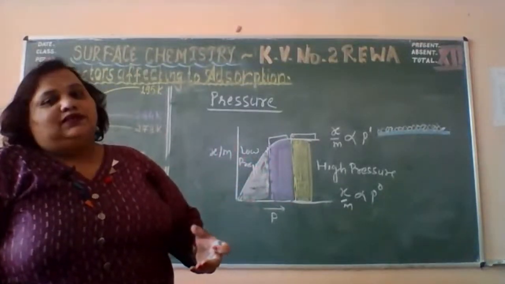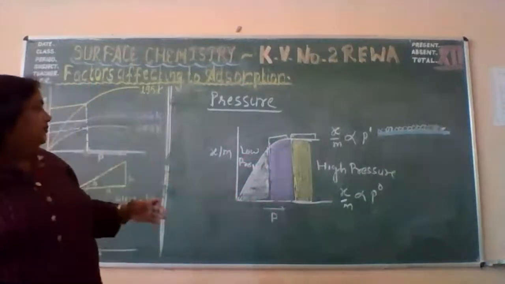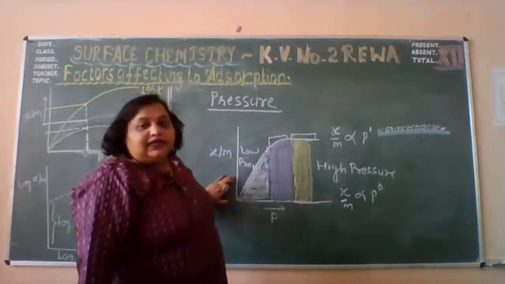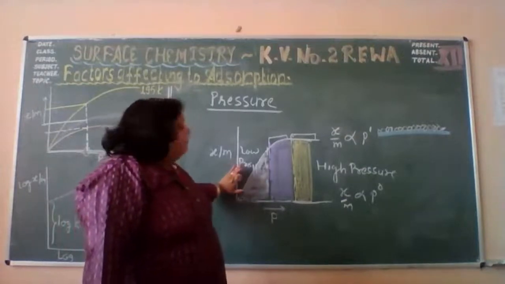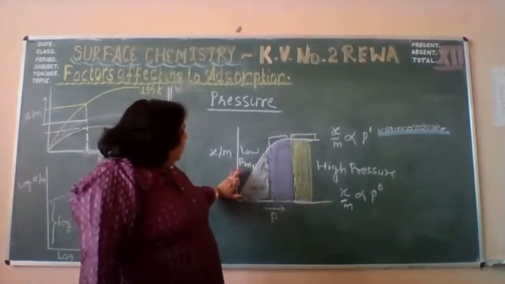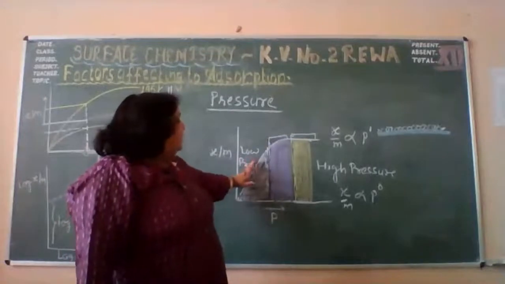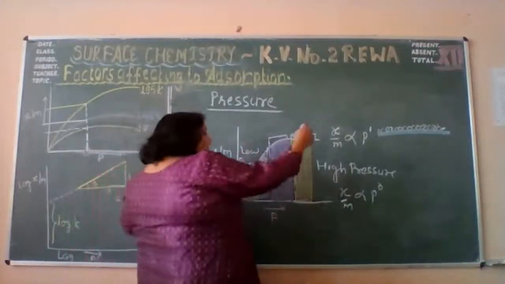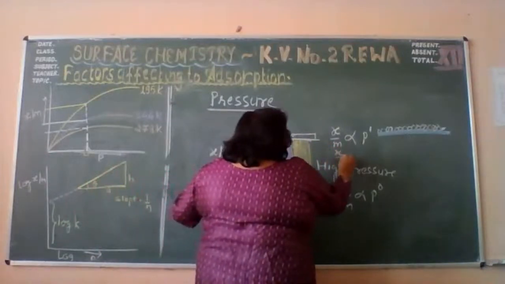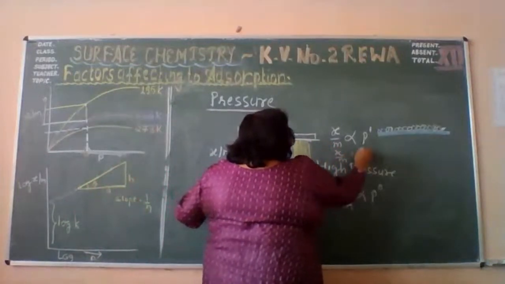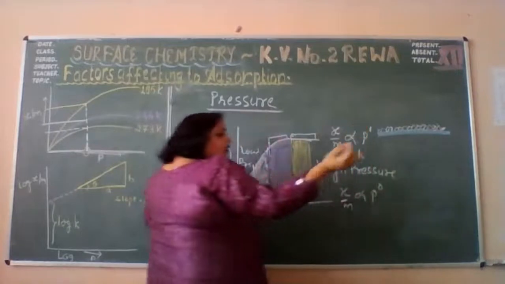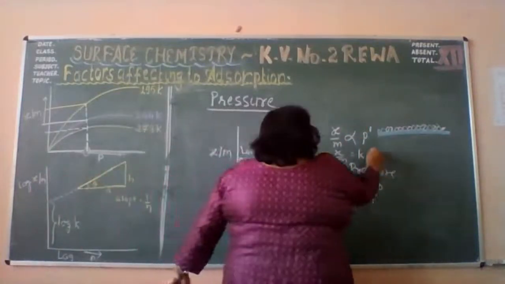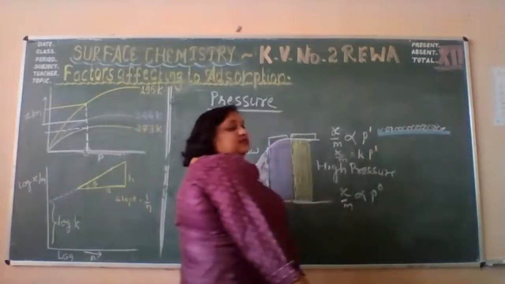Right? So here, what you have observed, as you have increased the pressure at the beginning, what you have seen, an inclined graph has been obtained, right? A straight line graph, you can equate it, X upon M is equal to K, a proportionality constant, P to the power 1. Right? This is here.